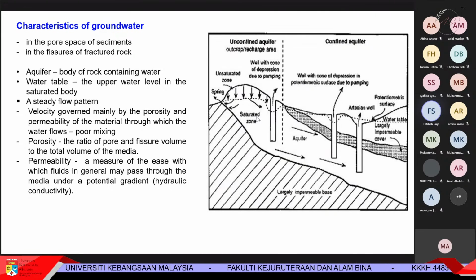But if contamination does occur, it is often difficult to remedy, because confined aquifers are usually deep, and the number of points where contaminated water may be pumped out is limited.